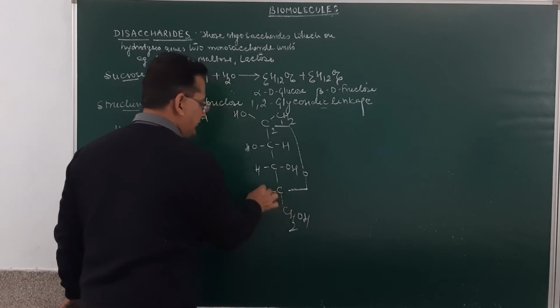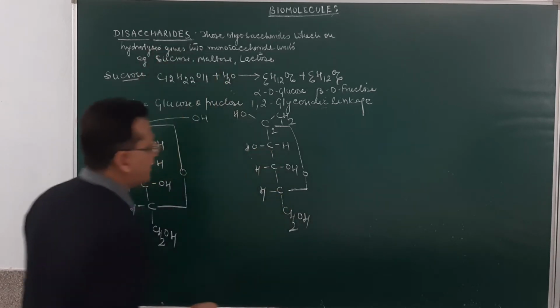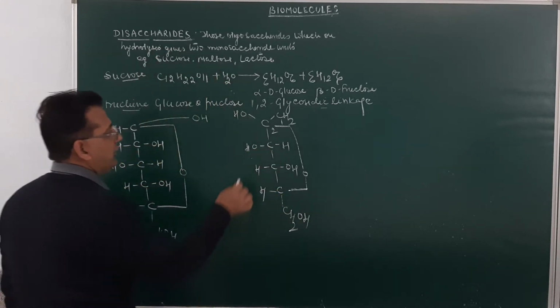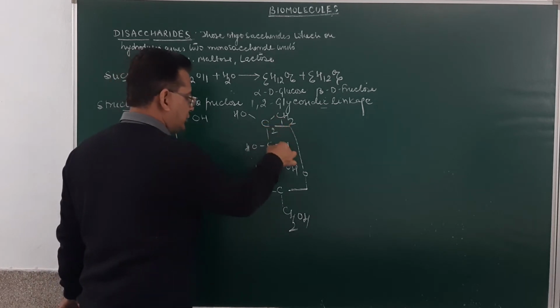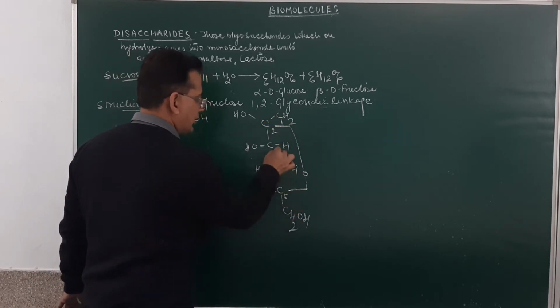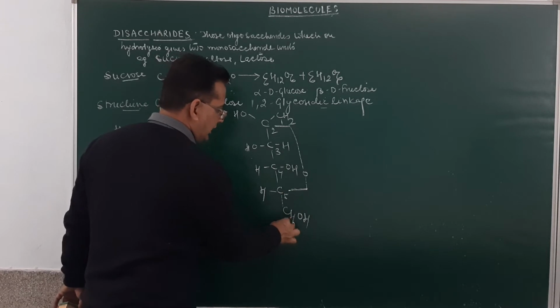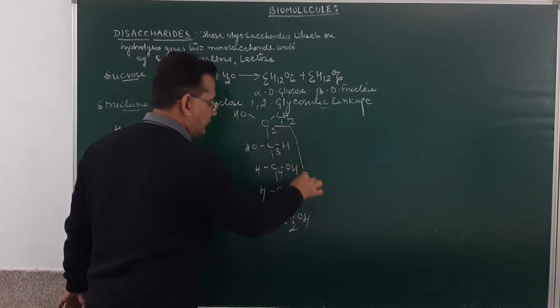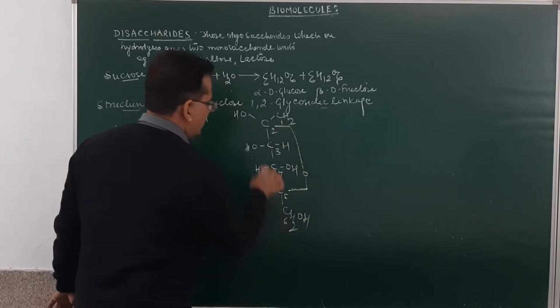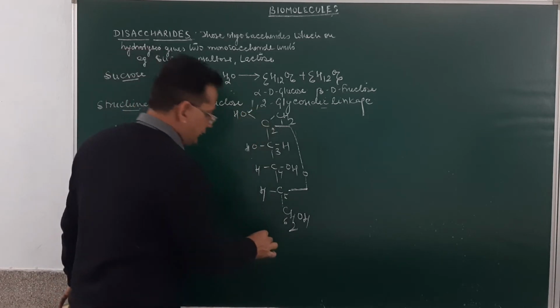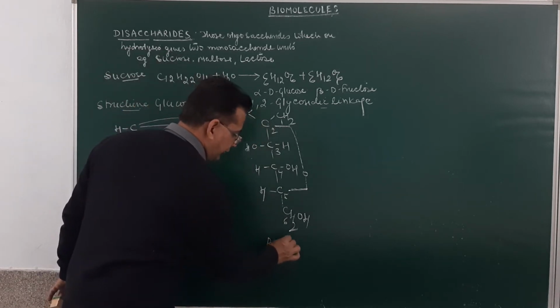Am I clear, student? See very carefully: this is carbon number 2, 1, 2, 3, 4, 5. Carbon number 2 and carbon number 5 are joined with each other. The OH group is toward the left side, so this is beta-D-fructose.